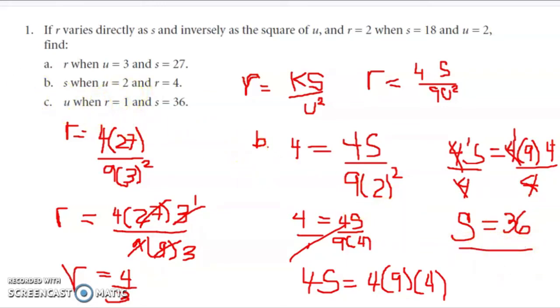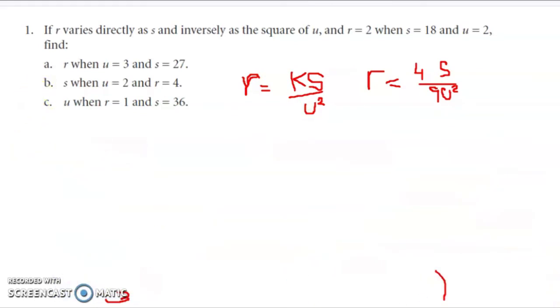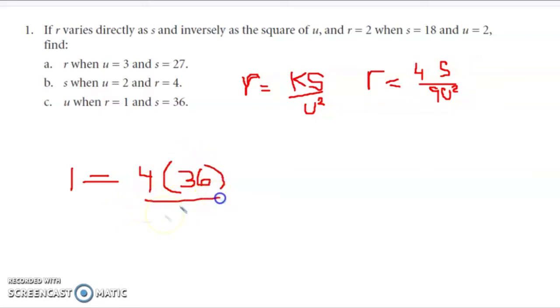How about U? So let us solve for C. So the question for C is, we find U when R is 1 and S is 36. So again, the equation that we have, R is given 1, so 1 is equal to 4. S is 36, so that is 36 all over 9 U squared.